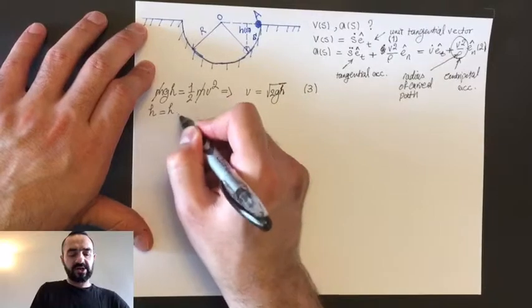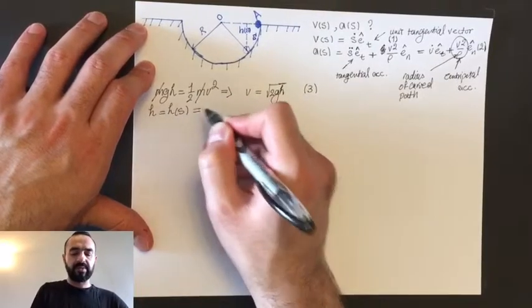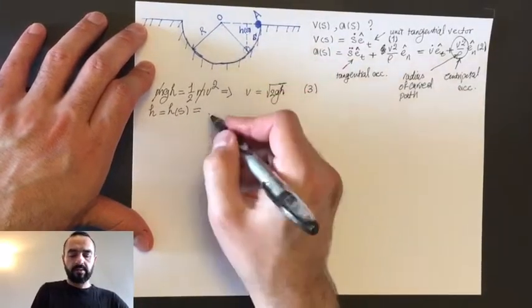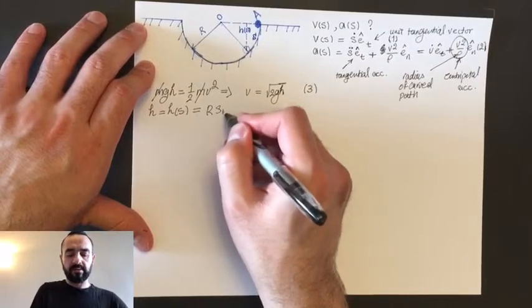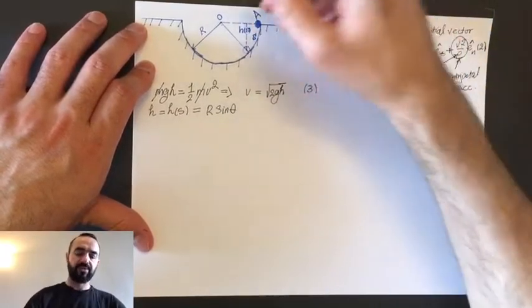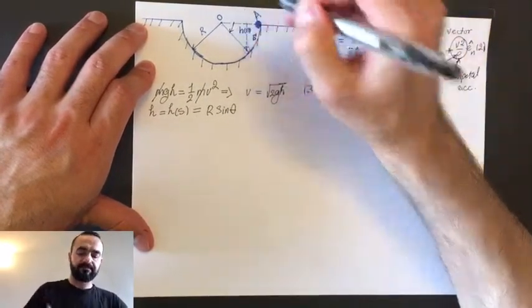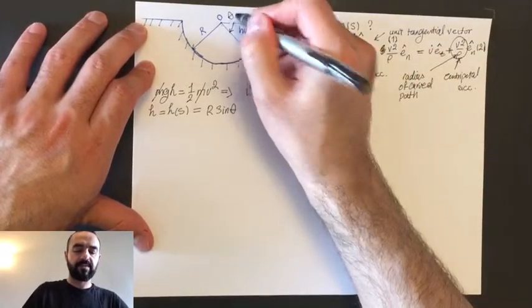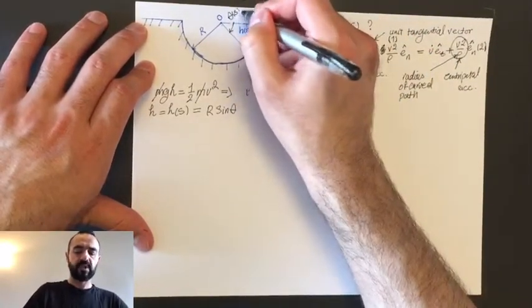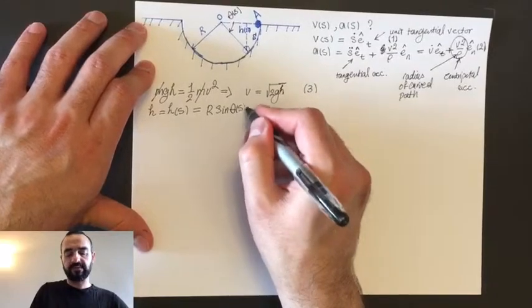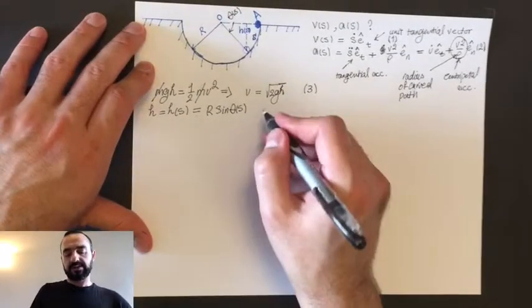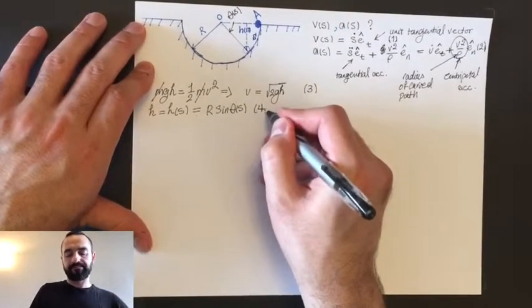H, or h of s, is simply r sine theta, and theta is this angle, right? Theta, which is also a function of s. Let's call this 4.